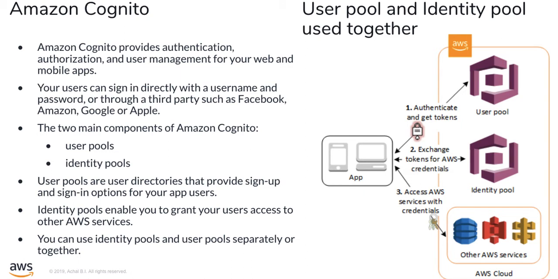AWS also provides a service called Amazon Cognito. Cognito was mainly built to provide authentication and authorization, and to provide user management for mobile applications mainly. Then it was also extended to web applications.